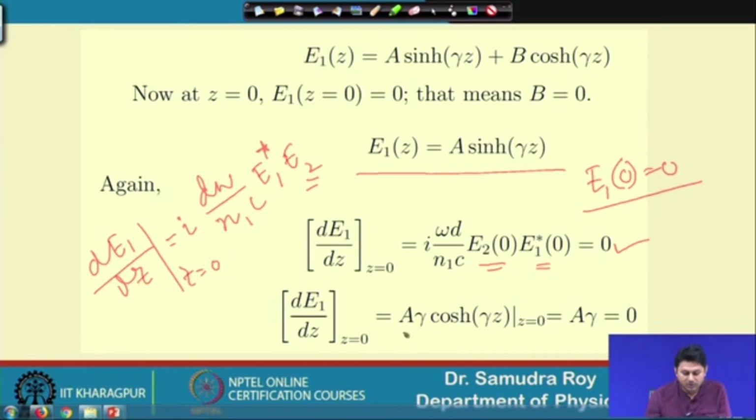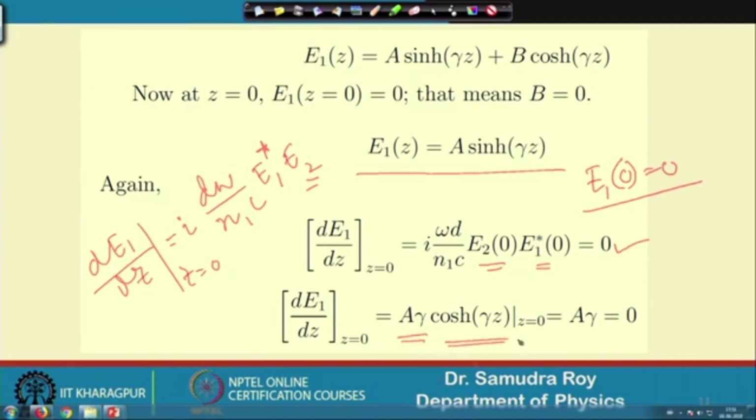If I do, then I will have A gamma cosh of gamma z at z equal to 0. At z equal to 0, cosh of gamma becomes 1. So, we have A gamma equal to 0, and gamma is a constant. So, A equal to 0. Already we got B equal to 0.